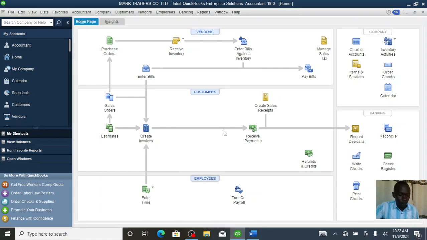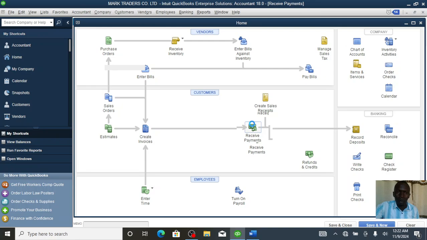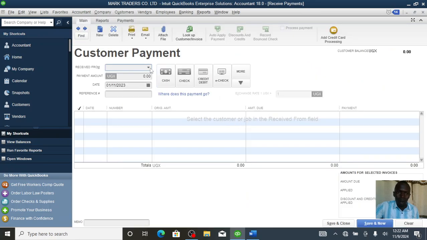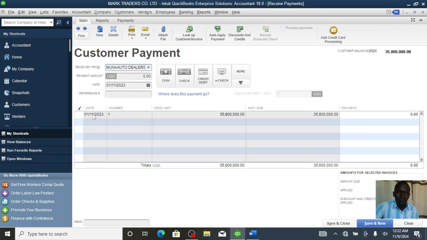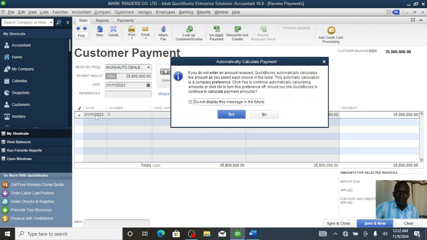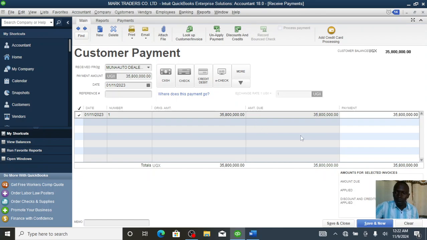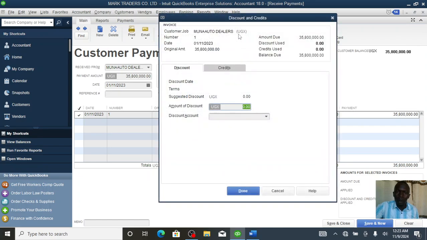They are saying that he was given a discount of 2%. So we go to receive payment. They received from Muna. We check this. Let's go to discount and credits. We put our 2%.